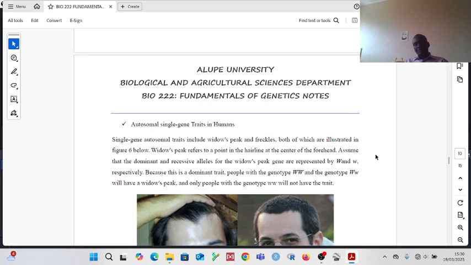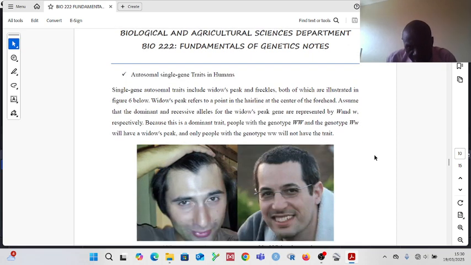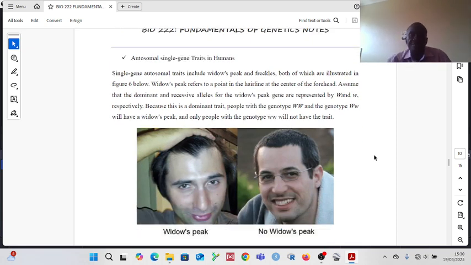So, on page 10 now, we have an interesting photo. If you look at people's hairlines, there are people who have a sharp point in their hairline at the center of the forehead. But then there are others who will not have that sharp point of hair.